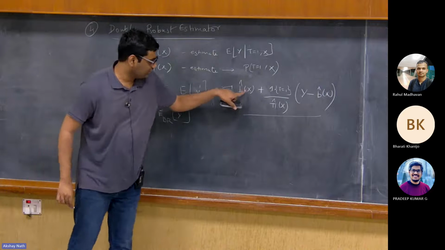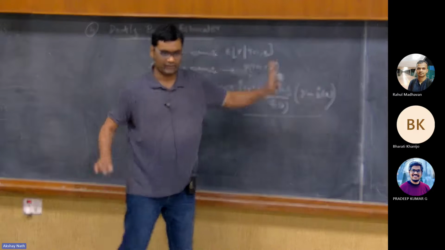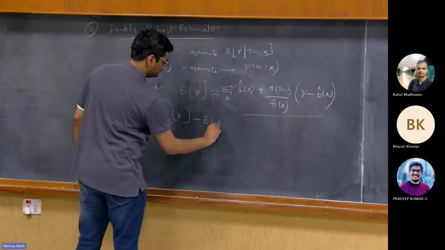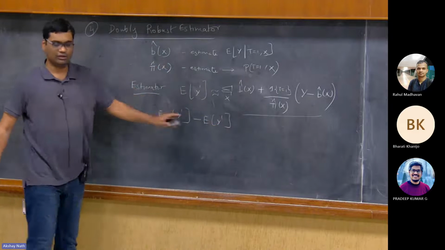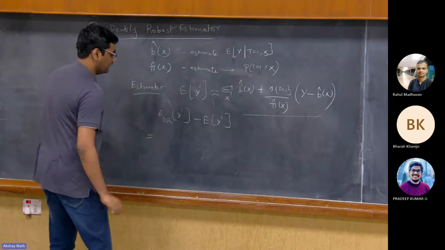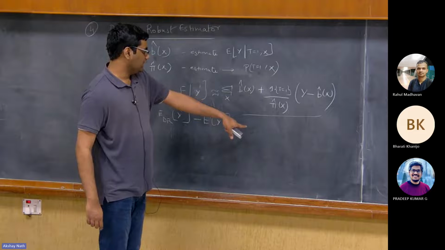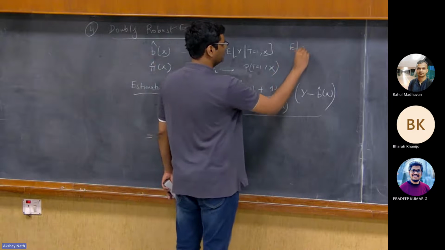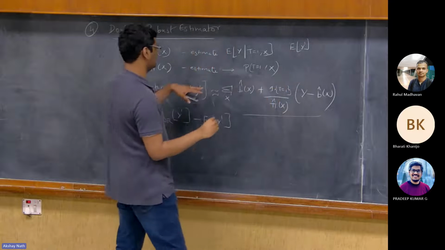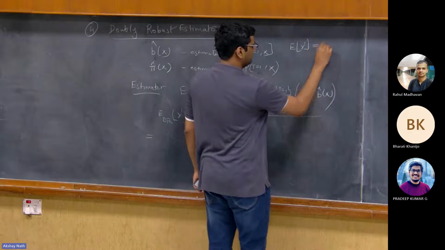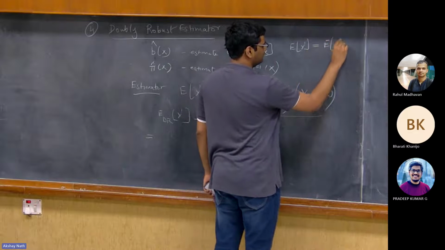I'm just taking the expected value of this estimator over x, asymptotically, minus the true expected value of the potential outcome. What is this going to be? Now, before we manipulate this, I want to first tell you that the expected value of y1, by this first argument, is already nothing but the expected value of b star.